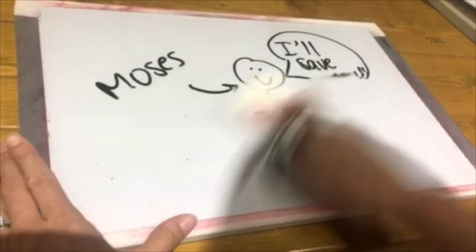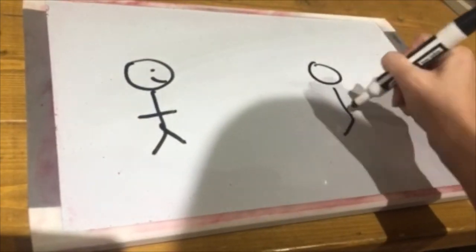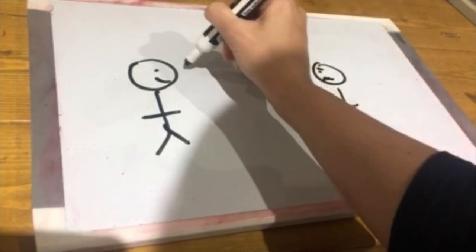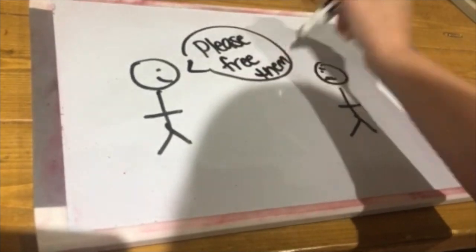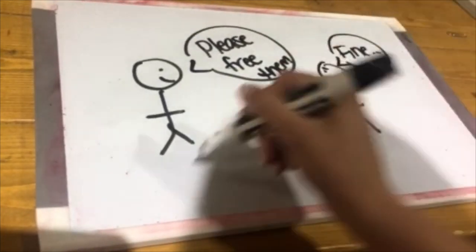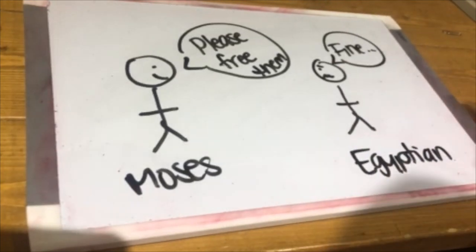And after a lot of bad things happened, Moses did finally convince the Egyptians to free the Israelites so that they wouldn't be slaves anymore. And God led the Israelites out of Egypt and into the desert. And that is kind of where our story begins.